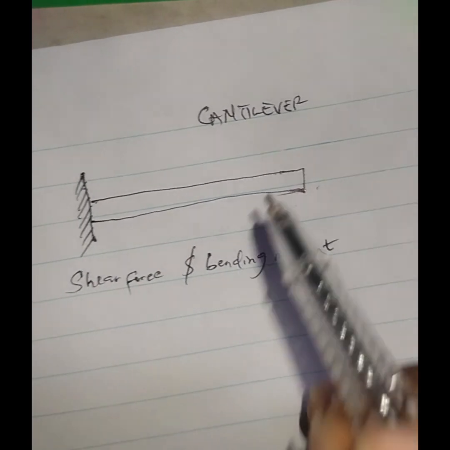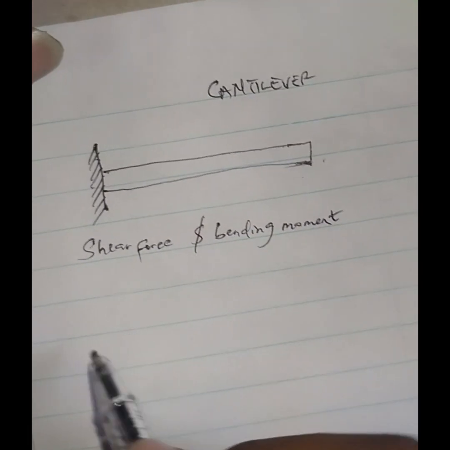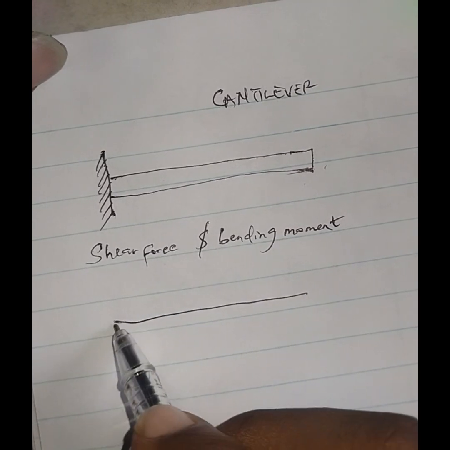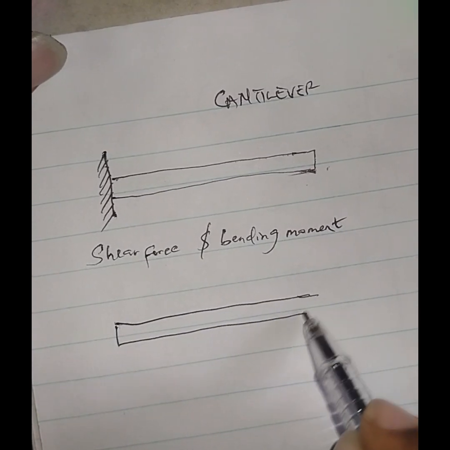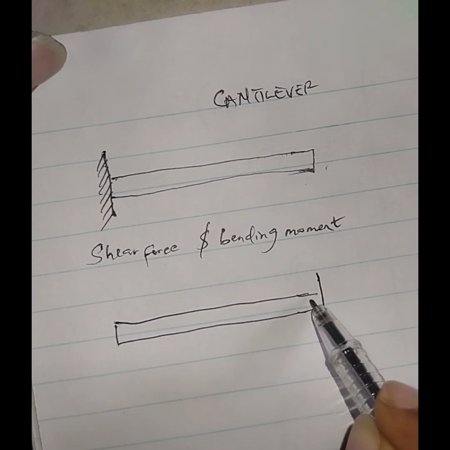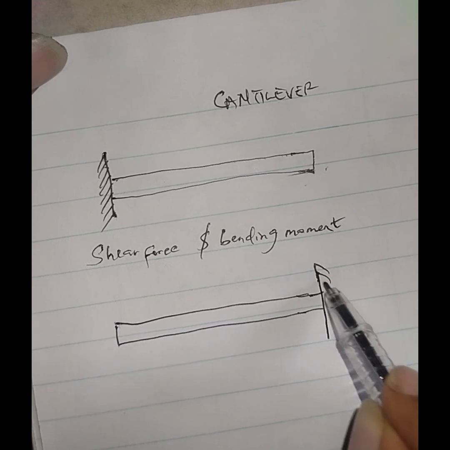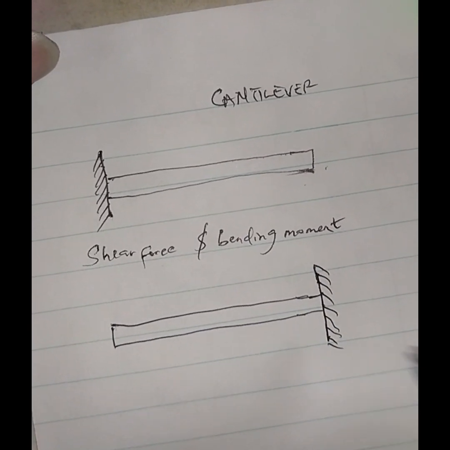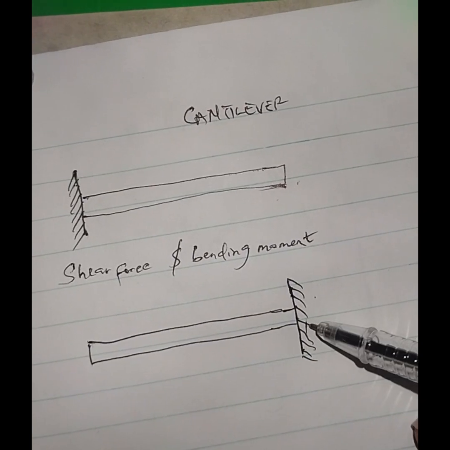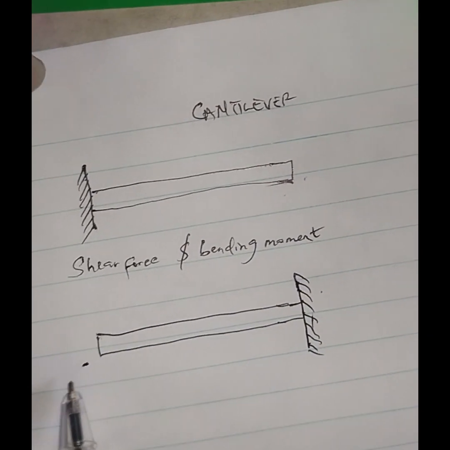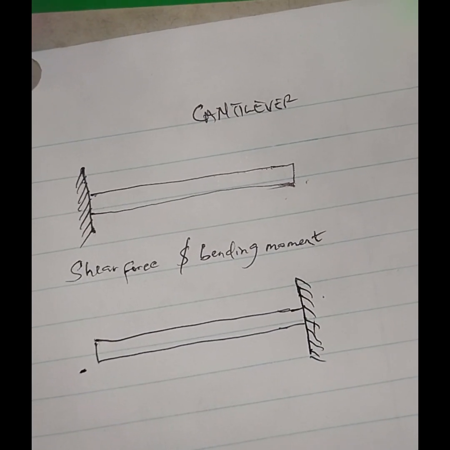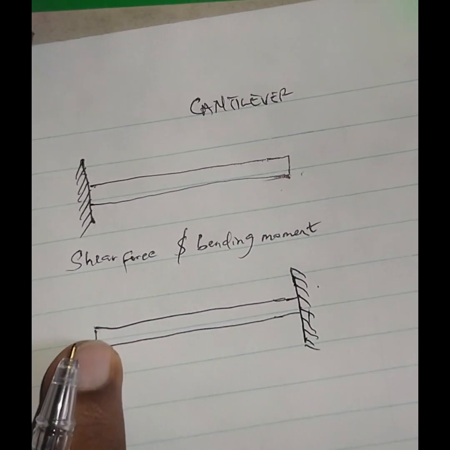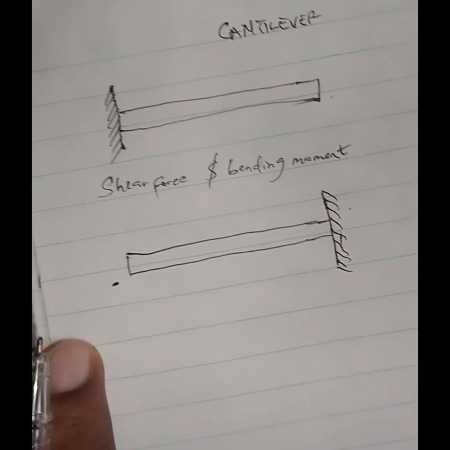I'm not saying you start from the right. If this cantilever was like this, this is the fixed end now, so you start from the left. You must start your calculation from the free end.